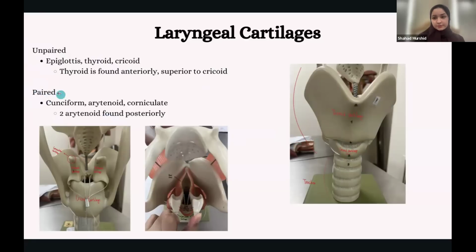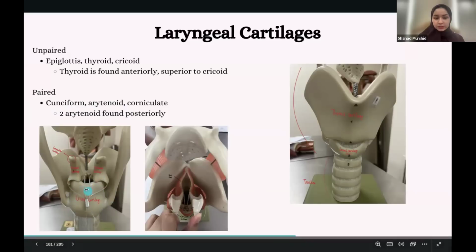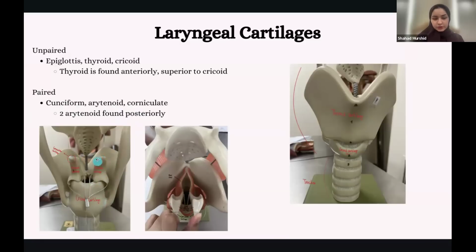And then for the paired cartilages, we have the cuneiform, arytenoid, and corniculate. Cuneiform, I don't think it's that important. And then you have the arytenoid. These two are the arytenoid, and they are above the cricoid cartilage on the back. So arytenoid is posterior, and so is corniculate. Corniculate is above the arytenoid. These two are the corniculate.